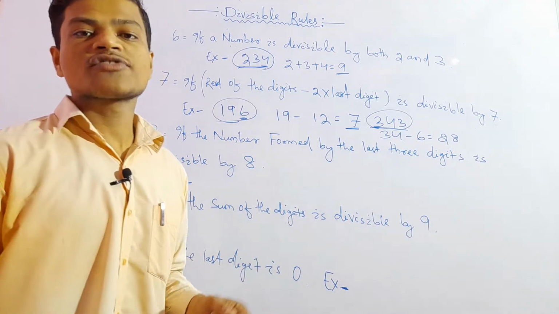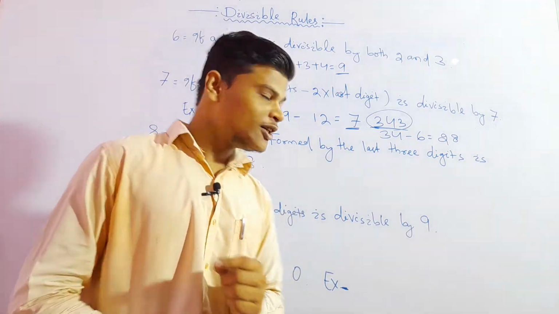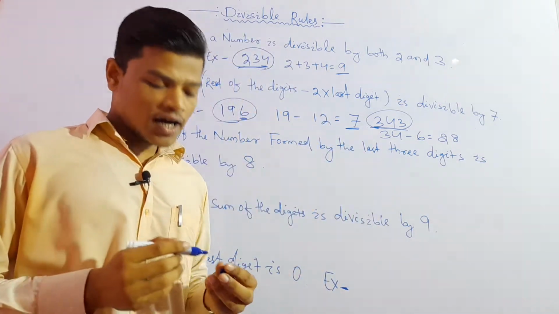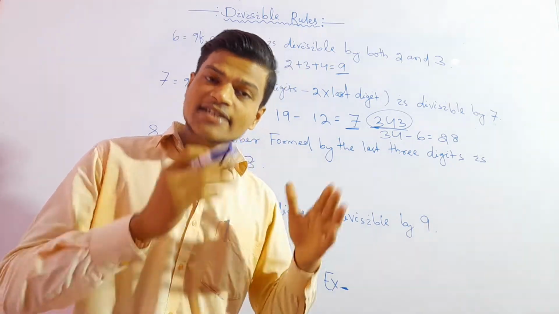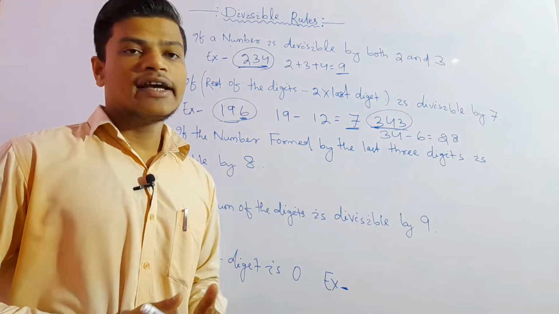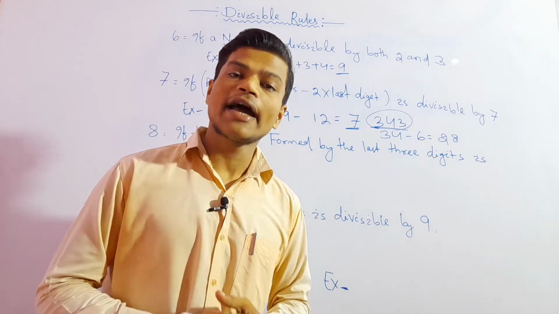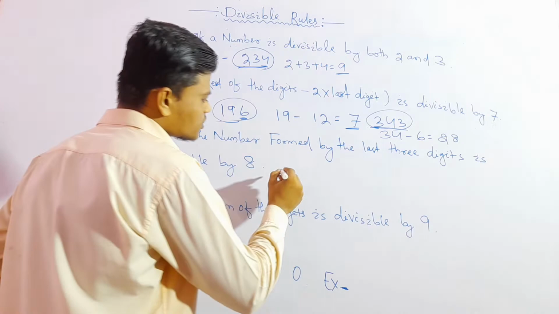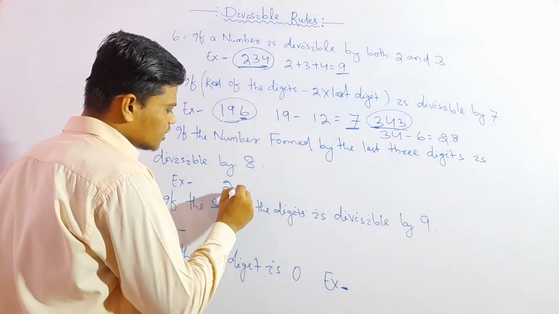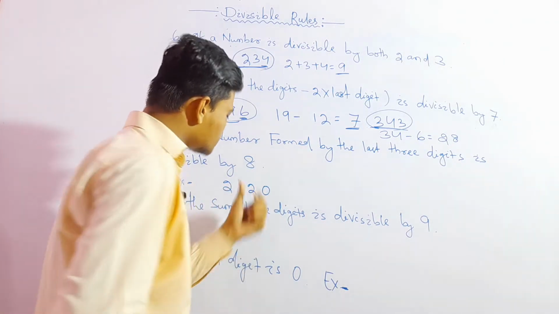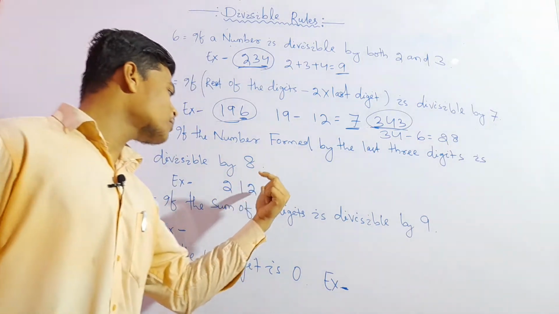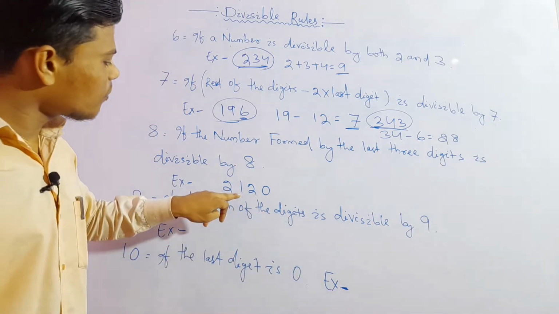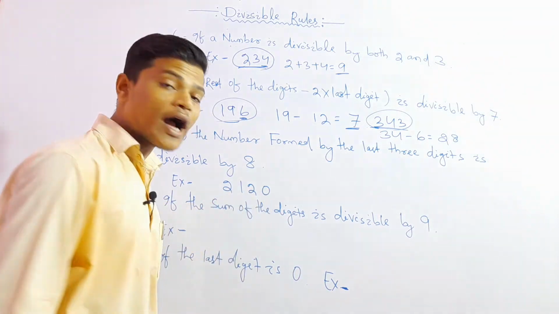So now let's move to the divisible rule of 8. The divisible rule of 8 is nothing but: if the number formed by the last 3 digits is divisible by 8, then the complete number is divisible by 8. For example, see the number 2120. We need to check the last 3 digits. The number formed by the last 3 digits is 120.